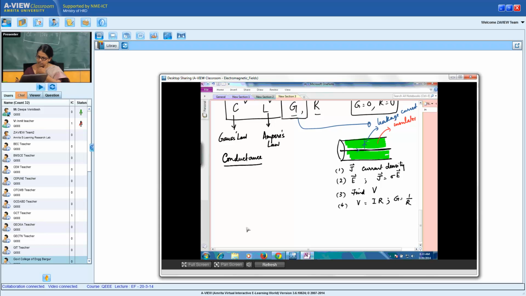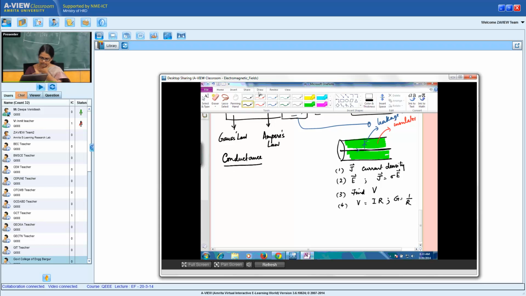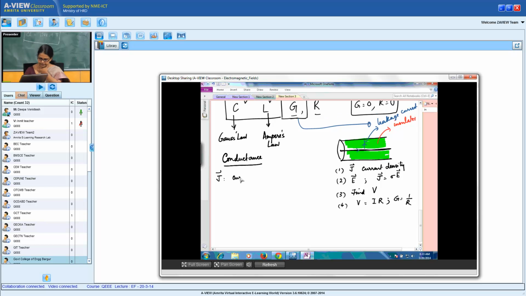So what is the first step? You want to find out what is the current density. Let us say, because of leakage, I have a current I through the dielectric material, the insulating material there.